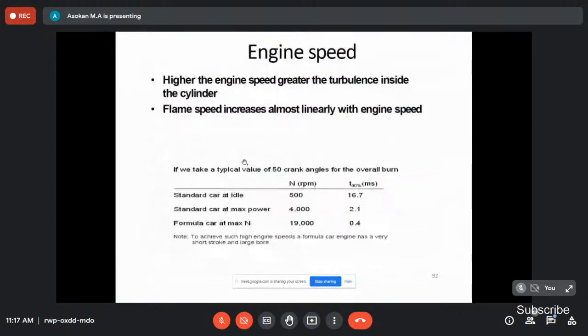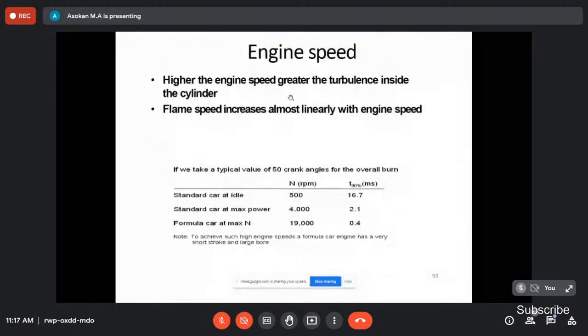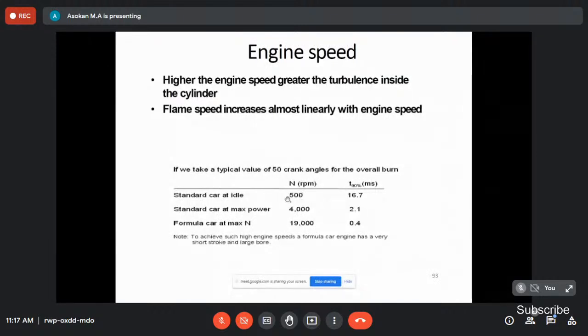And also the engine speed. If you increase the engine speed, then the flame propagation time decreases. That's why we increase the velocity of the flame. For example, in a standard car at ideal condition, at a speed of 500 RPM, around 90% of the fuel is burned during 16.7 milliseconds. If you increase to the standard car's maximum power at 4000 RPM, it takes 2.1 milliseconds.